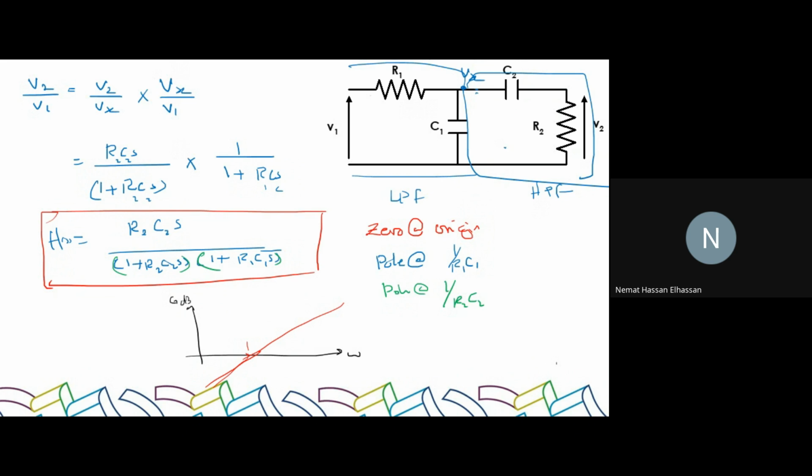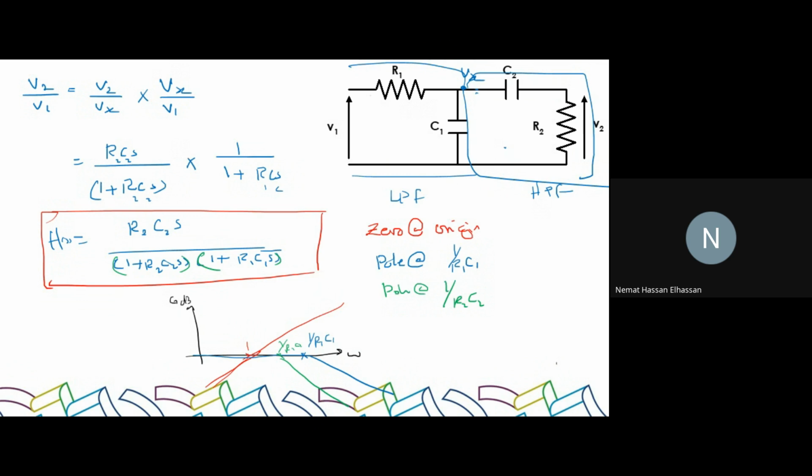And then we have the pole at 1 over R1C1, which is basically this. And then we have the pole at 1 over R2C2, which is this, the exact same thing we plotted earlier.